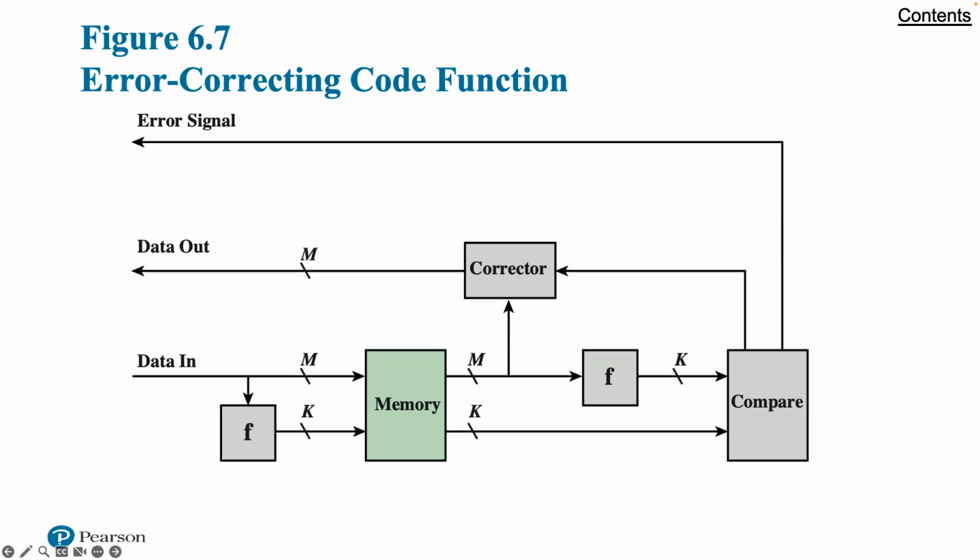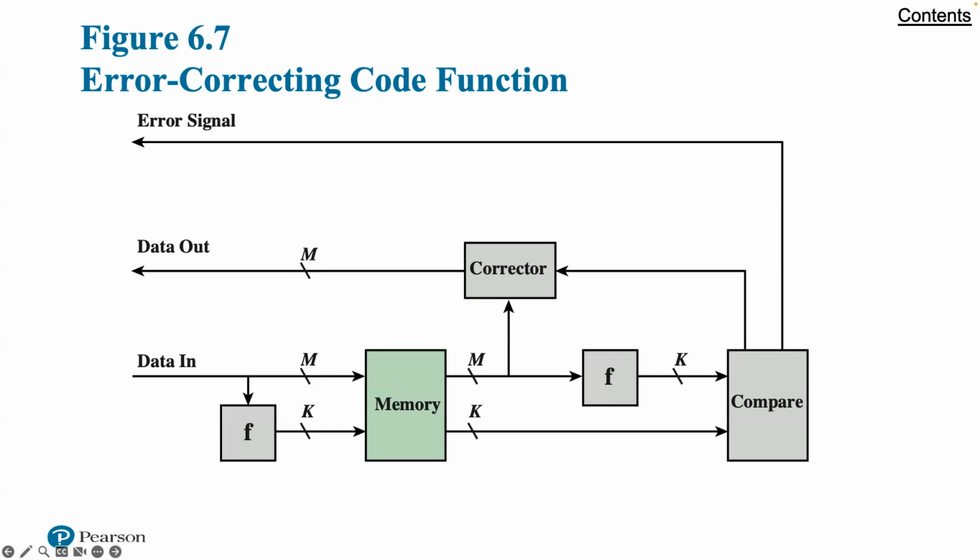The data bits plus error correction bits are fed into a corrector, which produces a corrected set of m bits to be sent out. And third, an error is detected, but it's not possible to correct it. The condition is reported. Codes that operate in this fashion are referred to as error correcting codes.